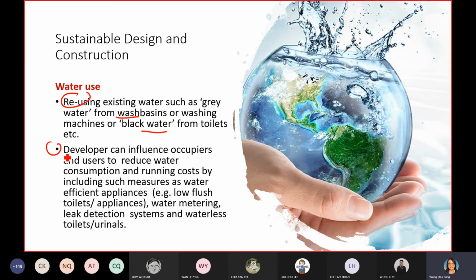Okay. Or the developer can influence the occupier and the user to reduce water consumption. This can be done for residential buildings and for commercial buildings. They can install water efficient appliances, water metering to track the water usage, or a leak detection system also can.